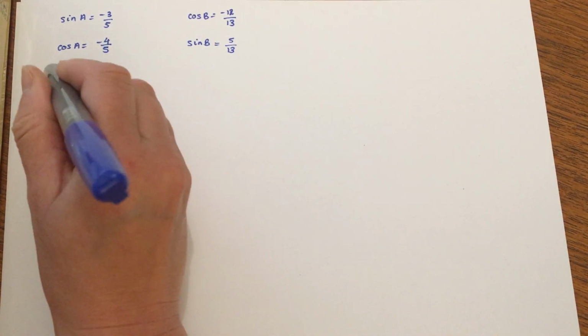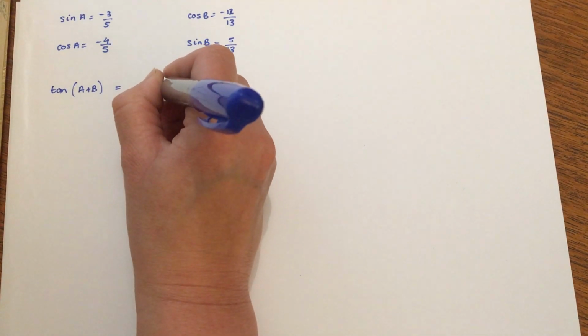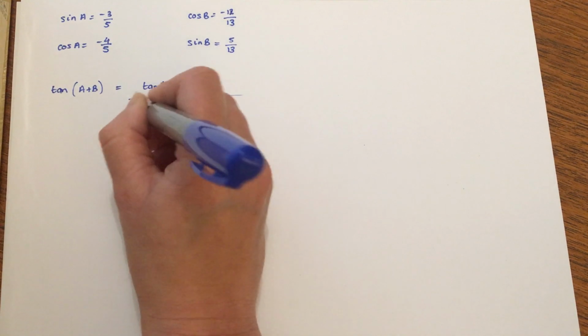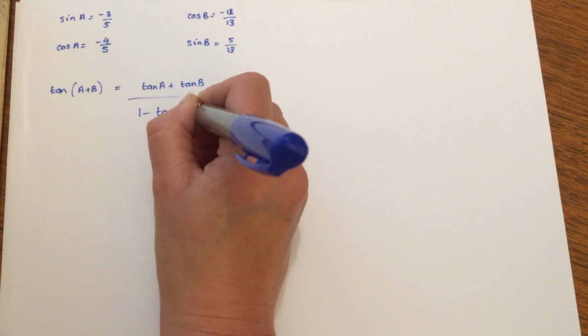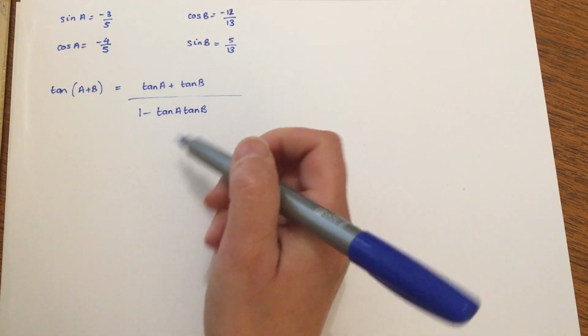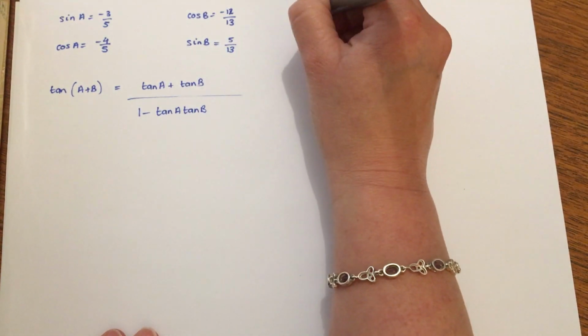So this is the addition formulae for tan. We know that the addition formulae for tan is tan A plus tan B over 1 minus tan A tan B. Except we don't know tan A or tan B, but luckily we can work them out from here because tan is sine over cos.